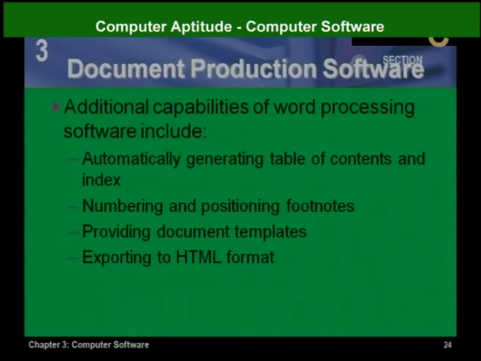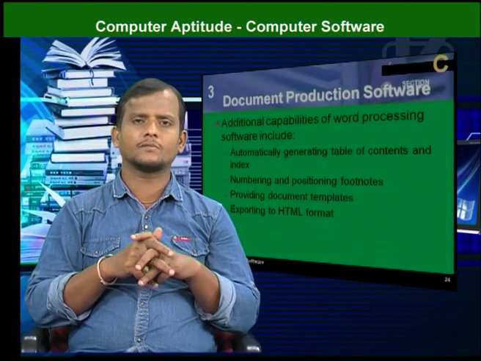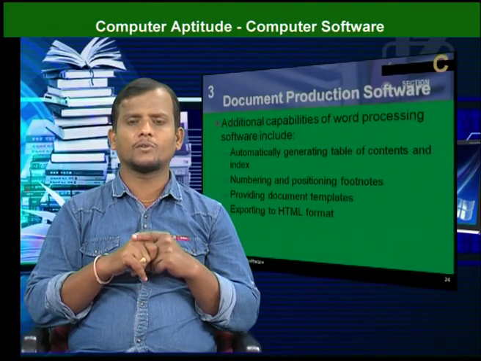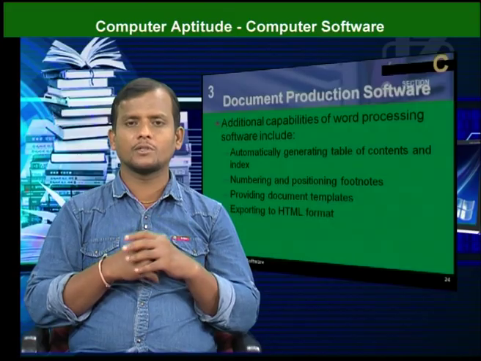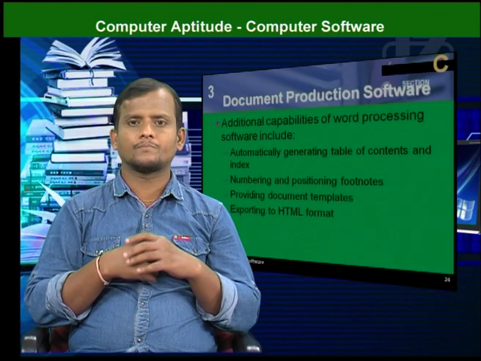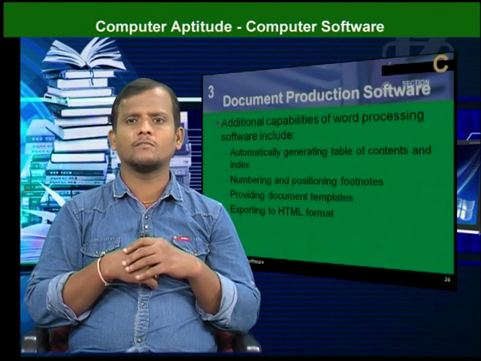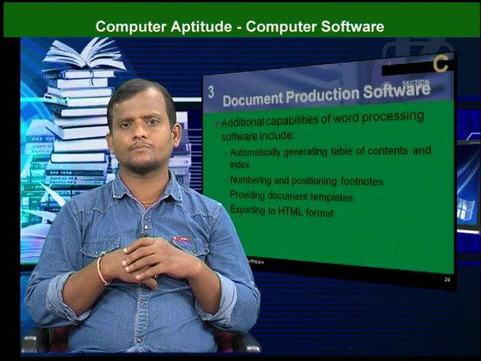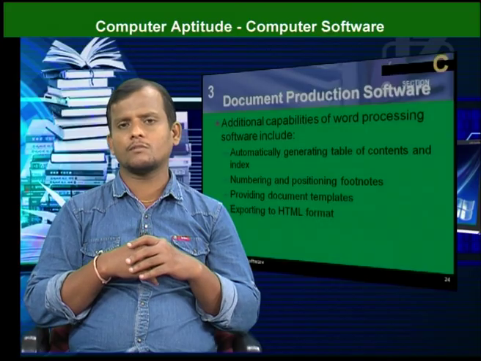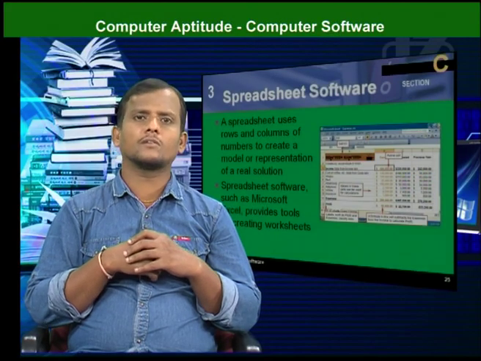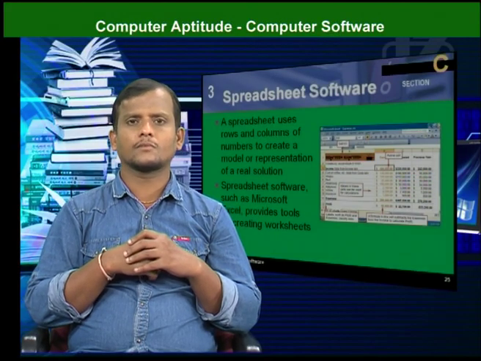These are a few features of document production software. Here we are talking about what word processing software includes. These are the features with respect to the Word document. This is one of the application software.